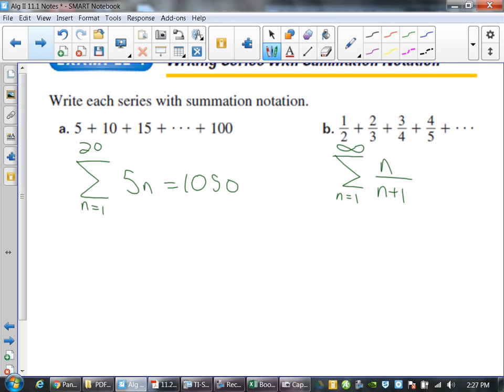Now, what happens is you will be able to find the sum of an infinite geometric series. There's a formula for that because it's approaching a value. But we'll talk about that as we get to it. But for something like this, you just write it out. There's no answer to this. It depends on the series.